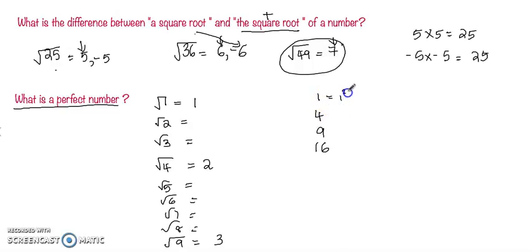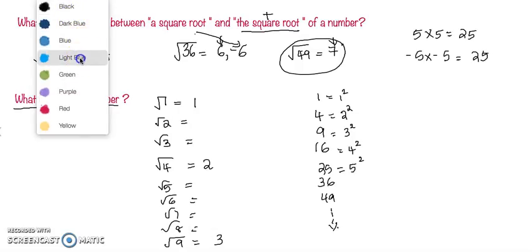So you can also connect this as 2 squared, 3 squared, 4 squared. The next number is going to be 5 squared, which is 25, then 36, 49, etc. Now, what about the numbers that come in between?